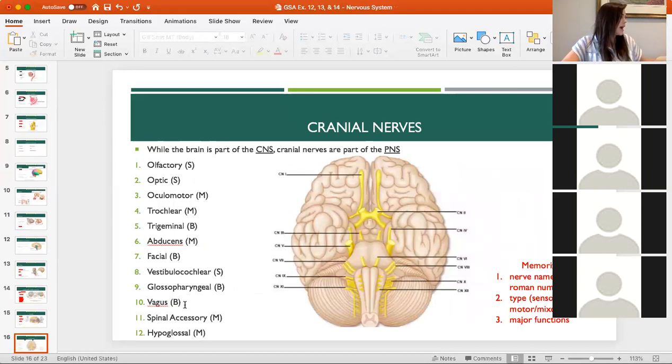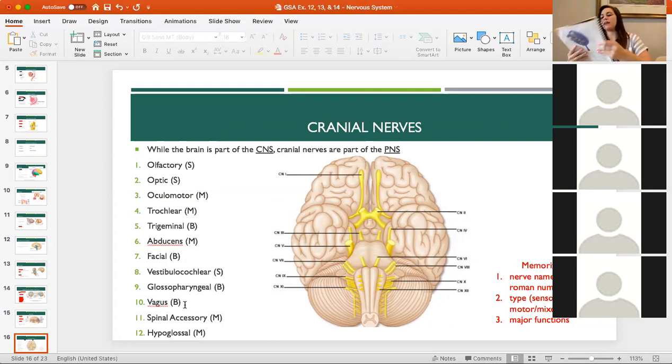All right, so our cranial nerves. Usually students hate this in labs because you do have to know each of the nerves, whether they have a sensory function, motor function, or they function as both, and their actual function as well.